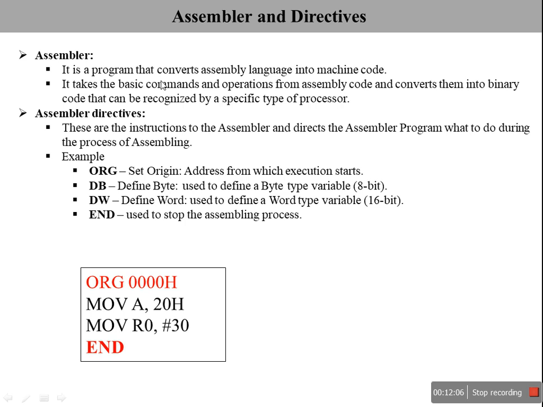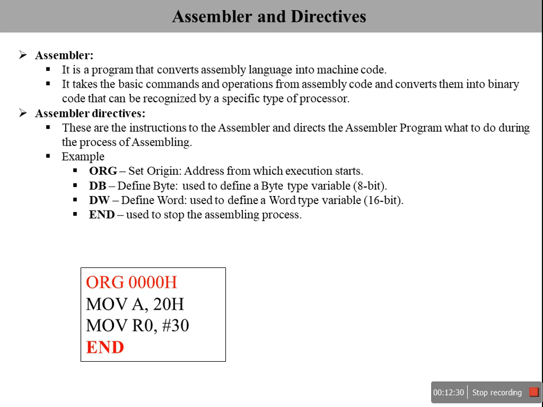In whichever language you are writing, it has to be converted into machine language. So if you are writing your application in assembly language, we need an assembler. It is a program or a tool or software which converts assembly language into machine language. Similarly, it takes the basic commands and operations from the assembly code and converts them into machine code that can be recognized by a specific processor.